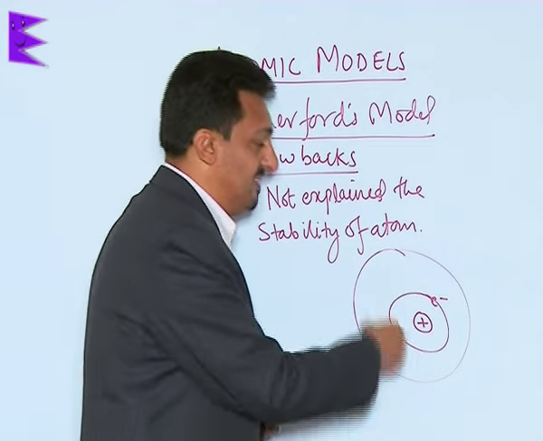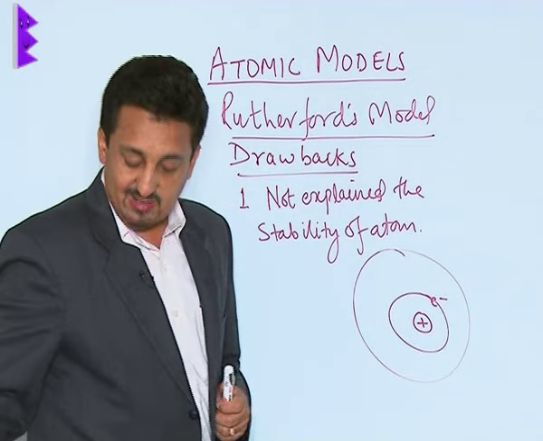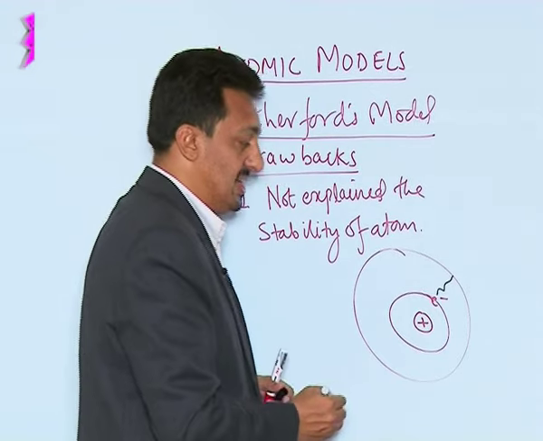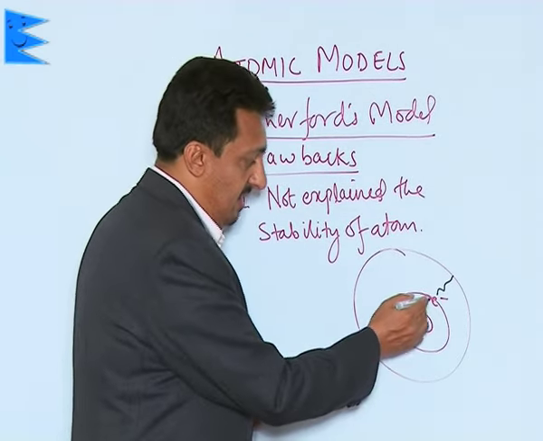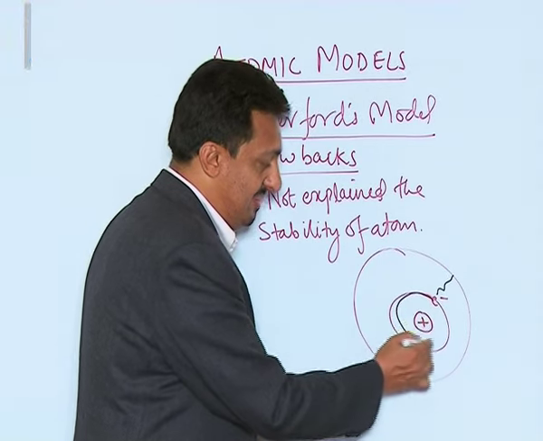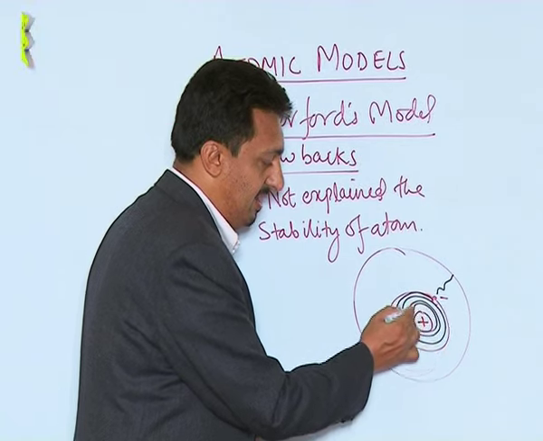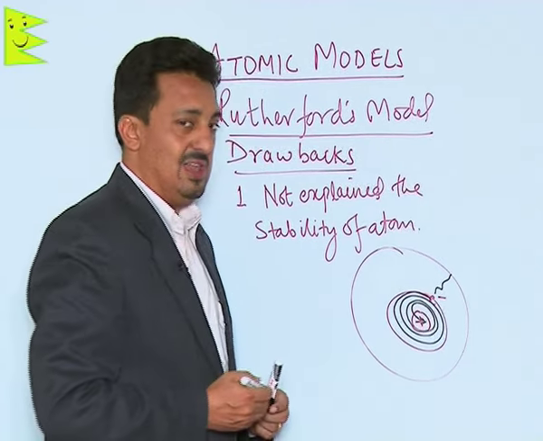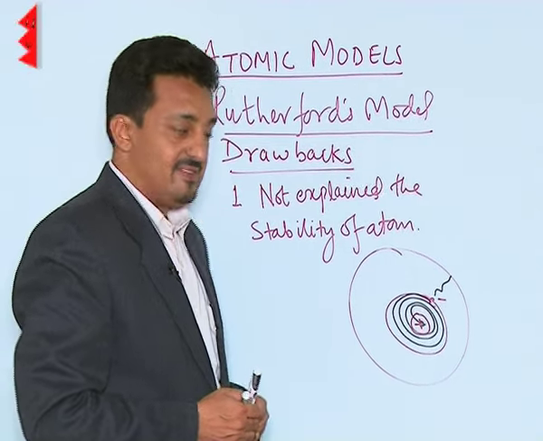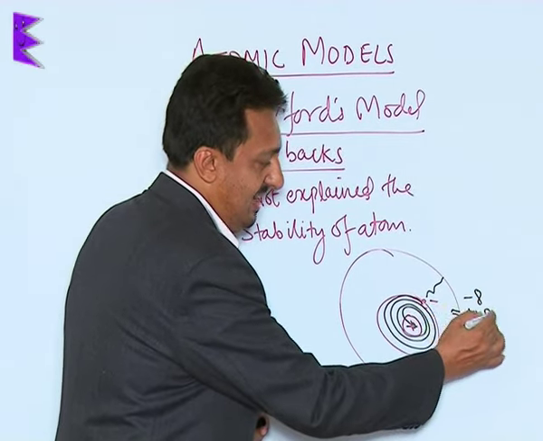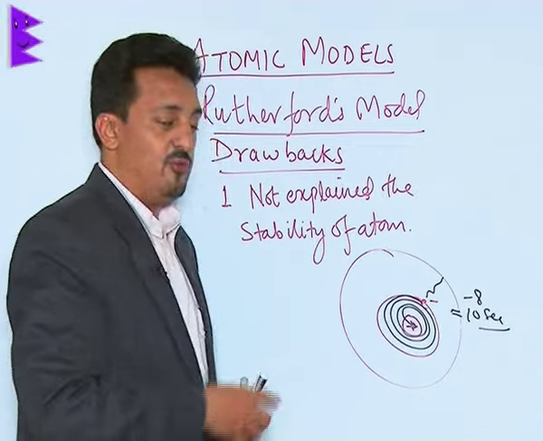When this electron, which is a charged body, is losing energy in the form of radiations, its energy will keep on decreasing, and slowly its path will keep on becoming smaller and smaller, and ultimately it will collapse on the nucleus. The study shows that this will not take more than 10 to the power minus 8 seconds for an electron to fall on the nucleus.